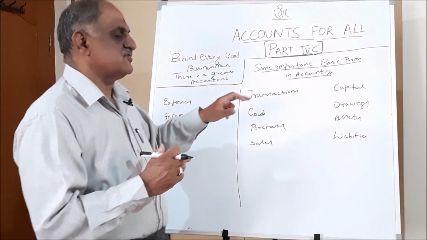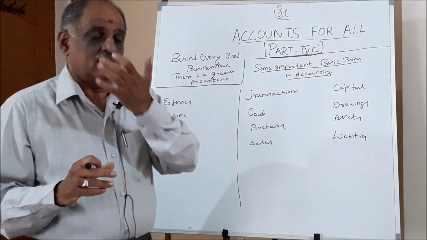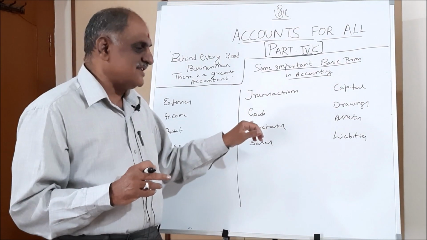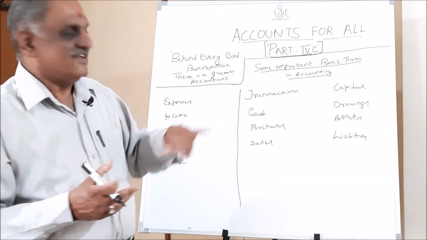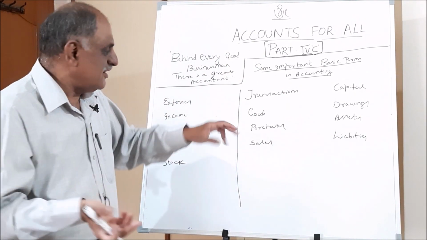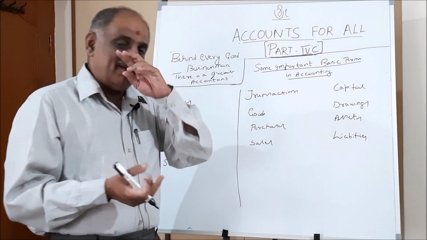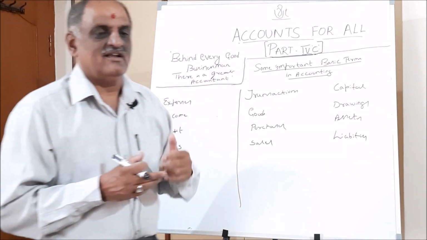So that is the first point, goods. The next one is purchase and sales. I told you goods is what you have purchased and what you have sold. Purchase and sales is also very important. Why have you purchased goods? To sell. Why are you selling?